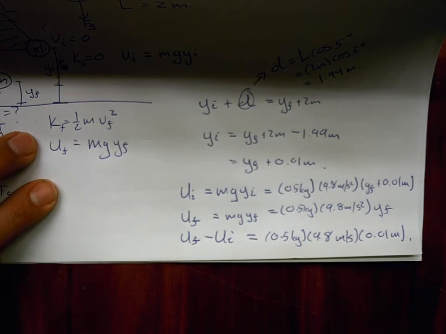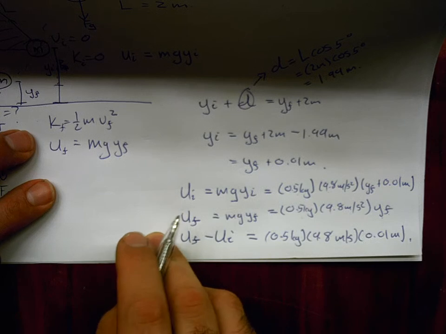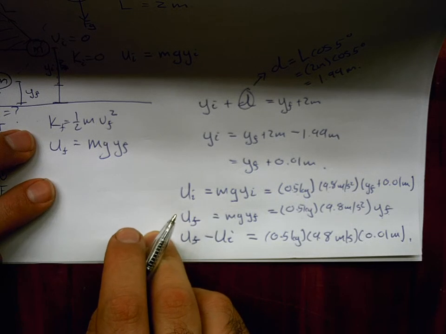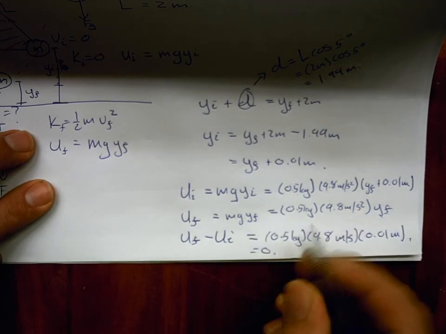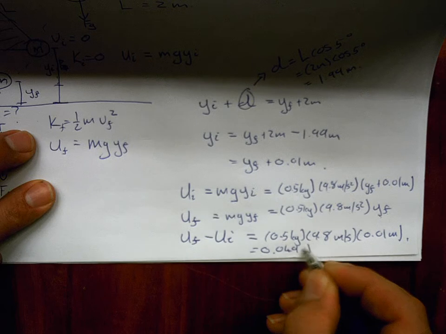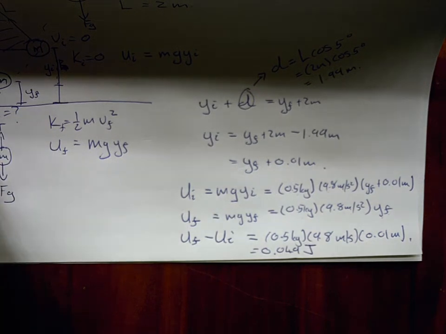And the number you get if you calculate that is 0.049 joules, if I'm not mistaken. You can check me with your calculators. But yeah, 0.5 times 9.8 is 4.9, times 0.01 is 0.049 joules.